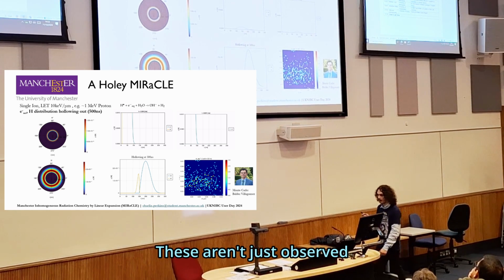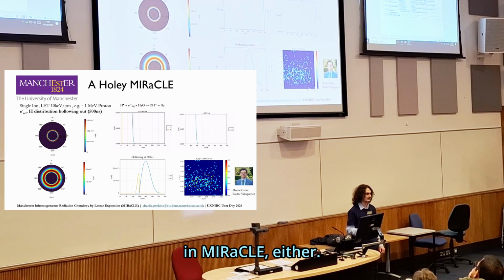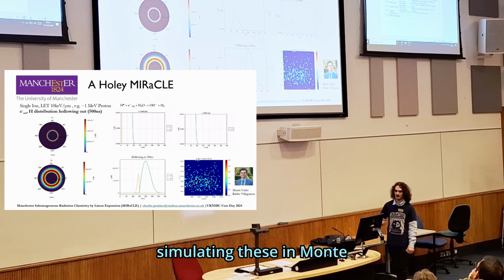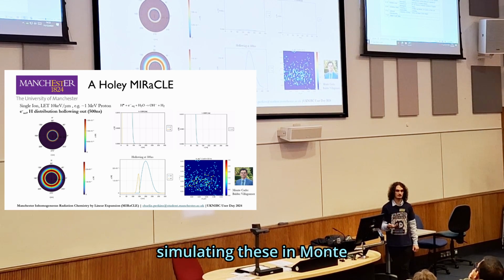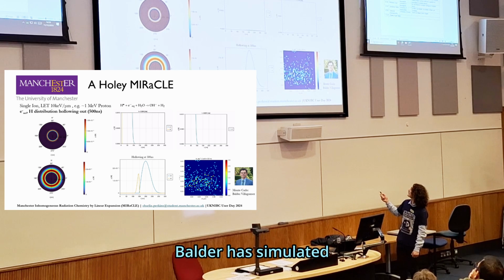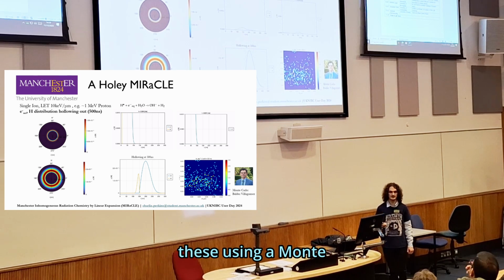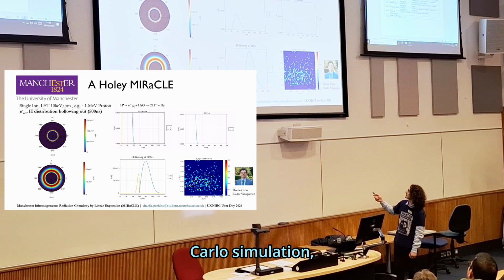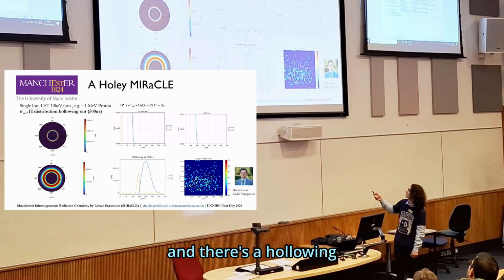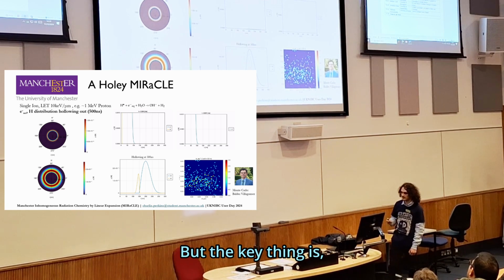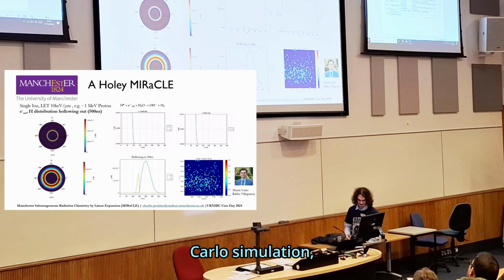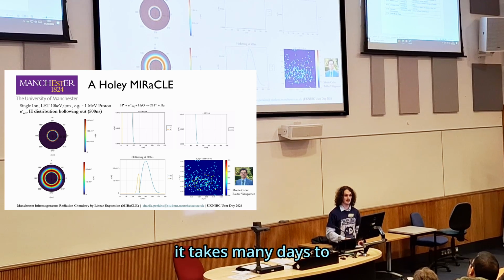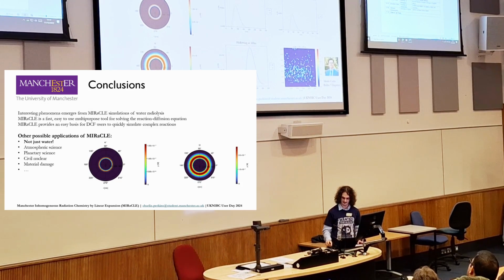These aren't just observed in MIRaCLE either. Looking back at simulating these with Monte Carlo, for example, Balder has simulated these using a Monte Carlo simulation, and there's a hollowing out effect there as well. But the key thing is, in the Monte Carlo simulation, it takes many days to simulate and recreate.